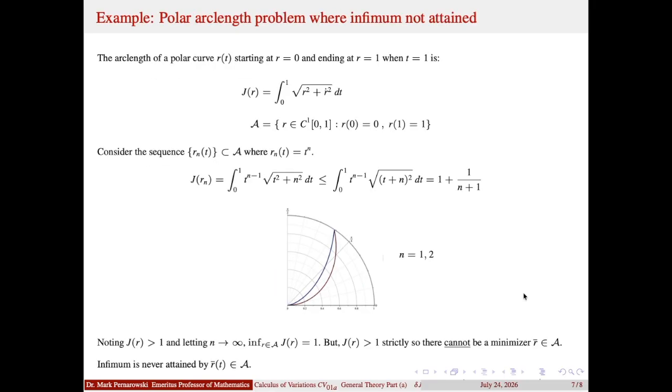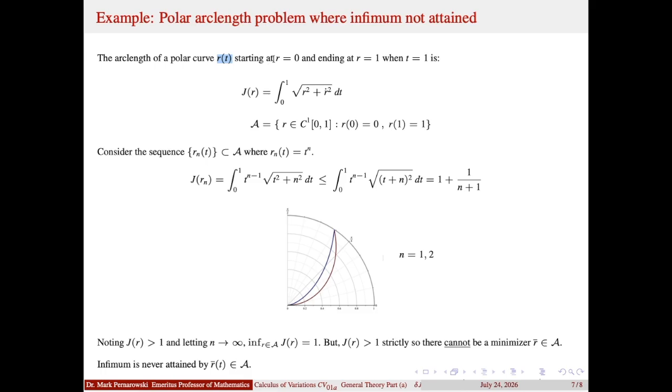Here's one that maybe seems less contrived. It has to do with a polar arc length problem. The problem is this. I'm going to consider r of t, where t, think of that as being theta in a calc course. It's just a parameter. r of t describes the polar curve.